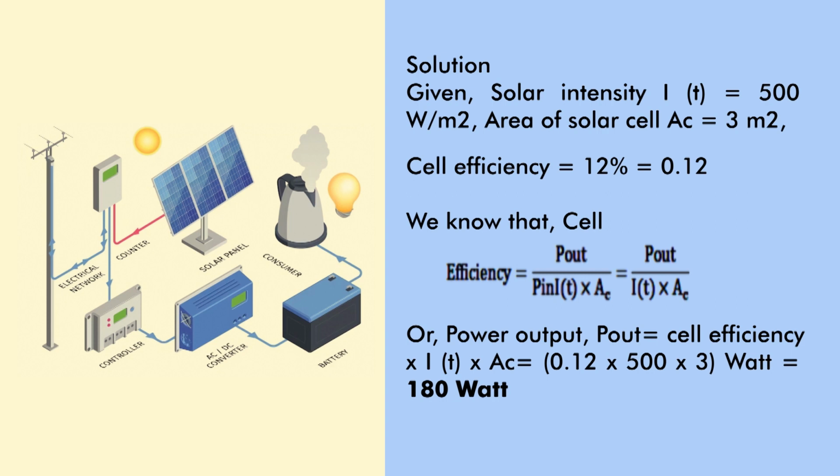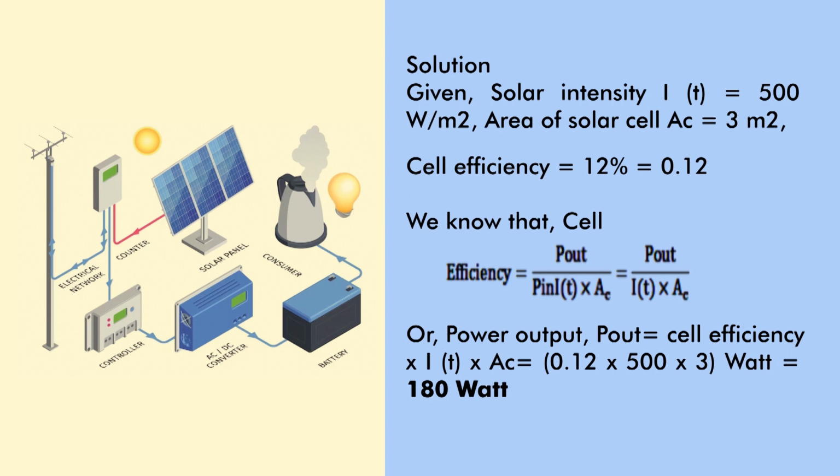So you have a formula for how to calculate the electrical efficiency. This efficiency can be written as output upon input, and output is what you have to calculate. The input is the intensity multiplied by the area of the solar cell, so you can also write efficiency as output upon intensity multiplied by area. So the output is the solar cell efficiency multiplied by the intensity and the area of the solar cell.